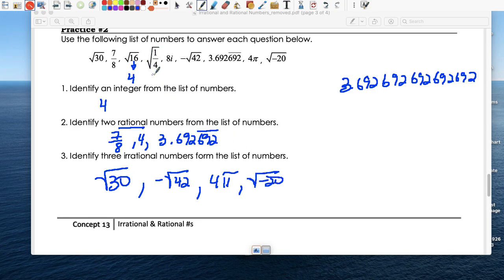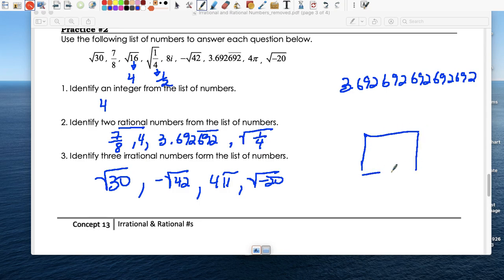And then square root of 1/4. If you put square root of 1/4 inside your calculator, you're going to get a half. So this guy can also be written like that, and I'm going to put that over here because it's a rational number. Right, so think about a square.